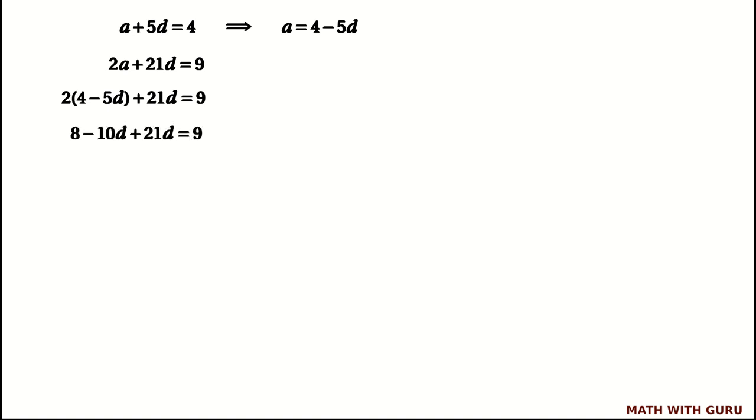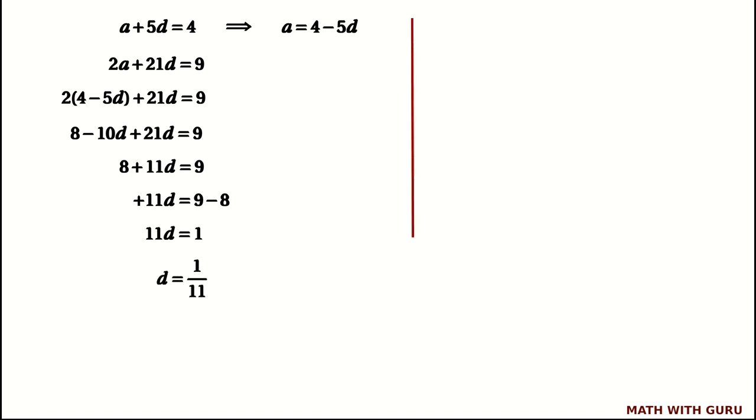Open the brackets: 8 minus 10d plus 21d equals 9. Minus 10d plus 21d gives us plus 11d, so 8 plus 11d equals 9. 11d equals 9 minus 8, which is 1. d equals 1 divided by 11.